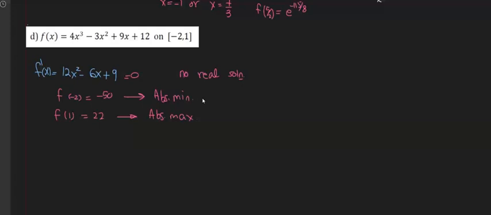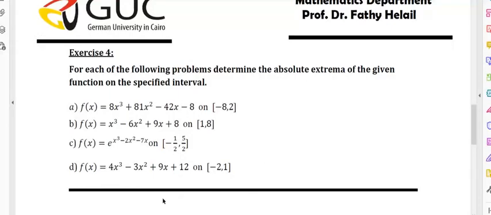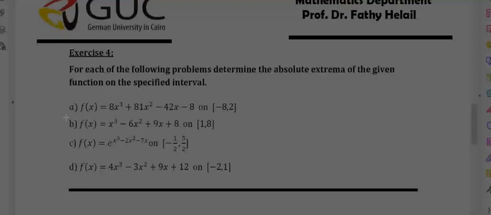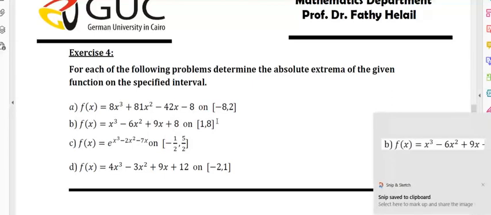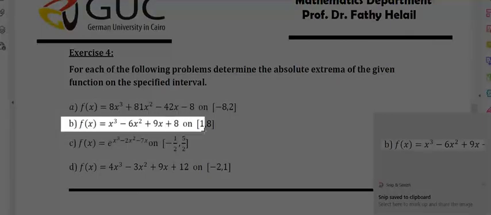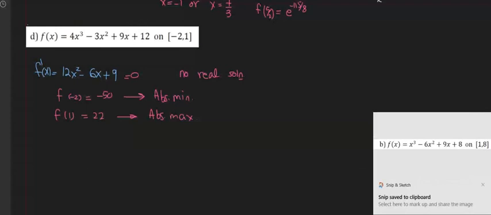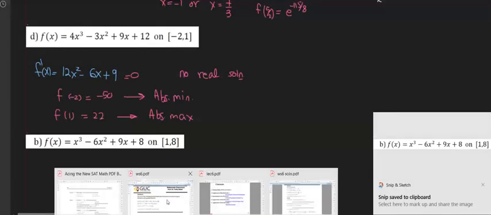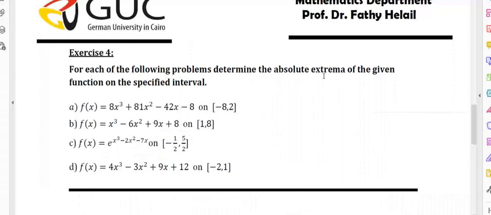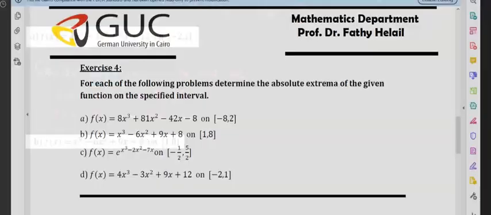Okay, let's take part B. So again, the requirement is to find the absolute extrema, the absolute minimum or maximum.